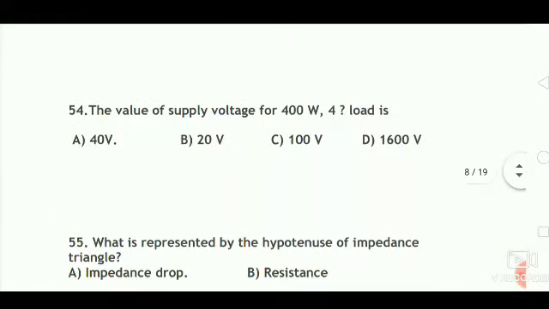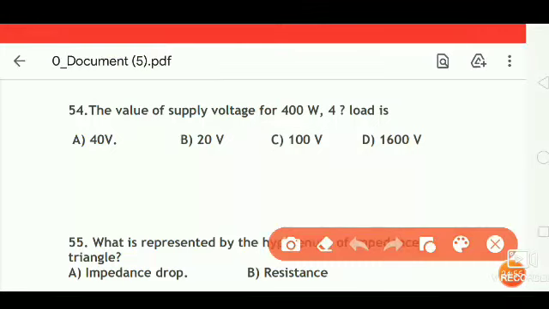So next, the RMS value of supply voltage is 40, the load is 4.